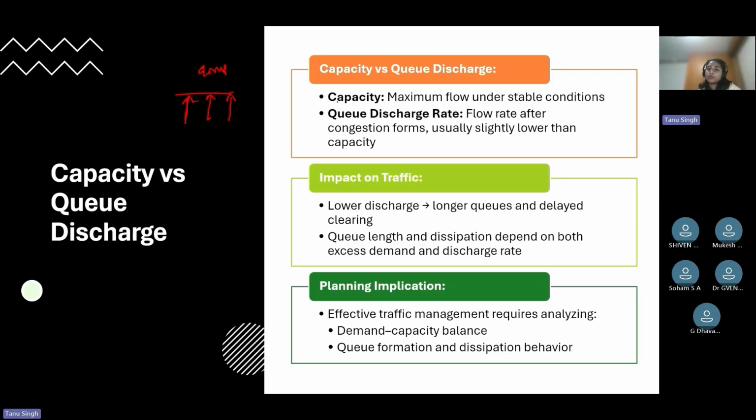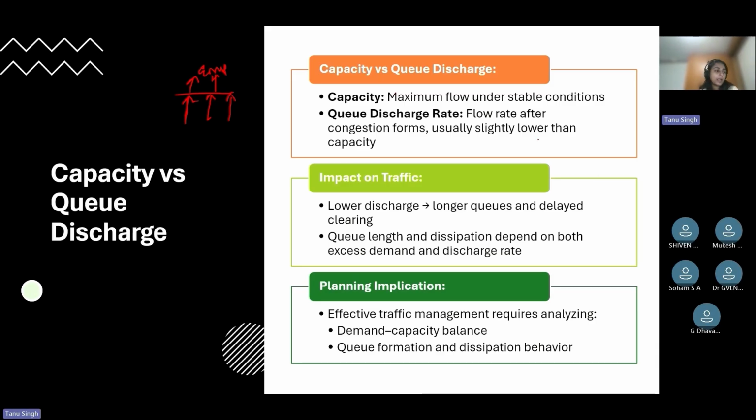So after congestion, when vehicles start to discharge, they take some time to react, and the discharge is at a lower rate than the capacity. So that Q discharge rate is always less than the capacity of the road.